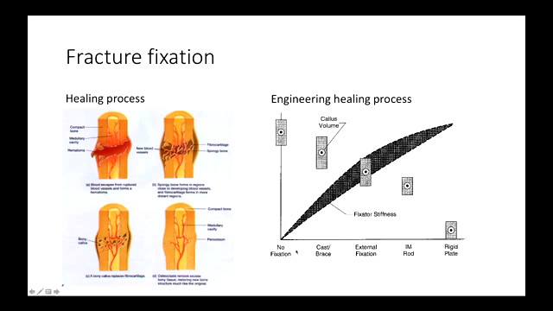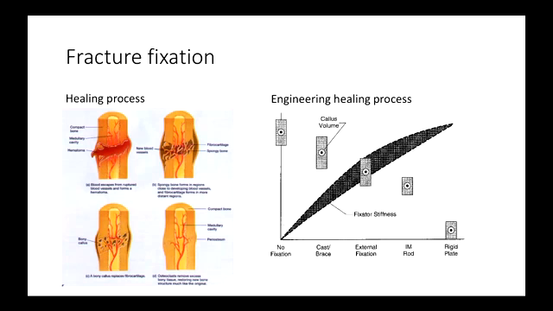So with the different types of fixators, from no fixation all the way up to the most rigid plate, you get differences in the size of this callus. If you don't have any fixation around the fracture, you may not get any callus, or if you do, it's going to be huge.